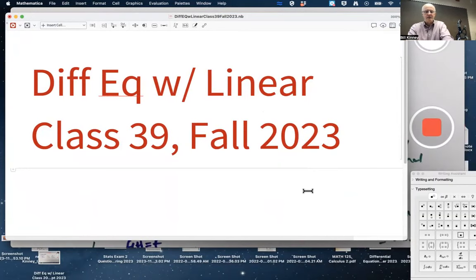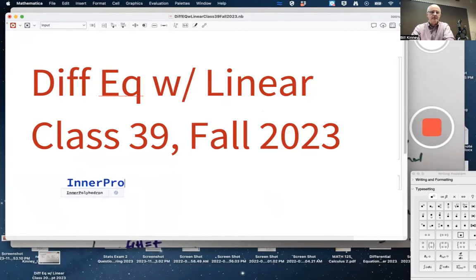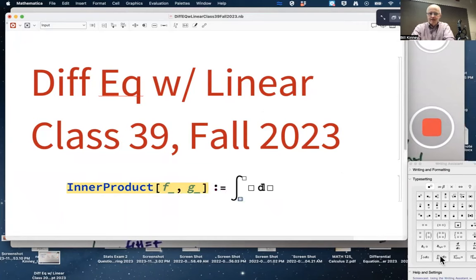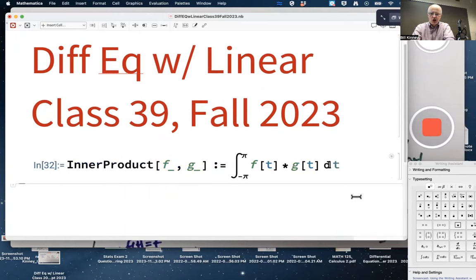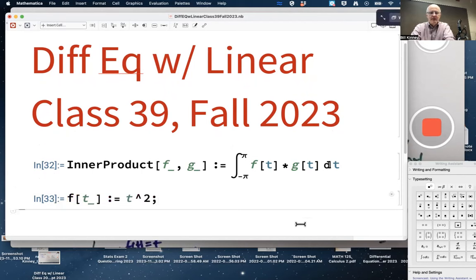And here's kind of a fun way to do it. In Mathematica, I'm going to create a function that I'm going to call inner product fg to integrate this product from negative pi to pi. Can I do this in Mathematica? Sure. Now I can define f of t to be my function t squared, and g of t, well, different things.